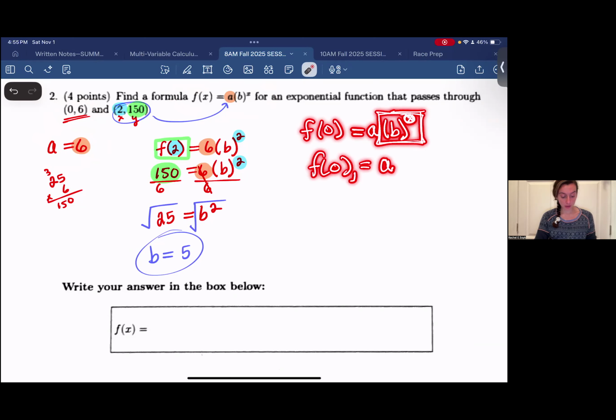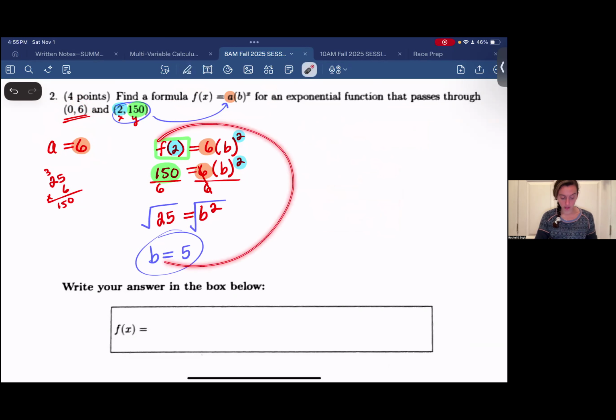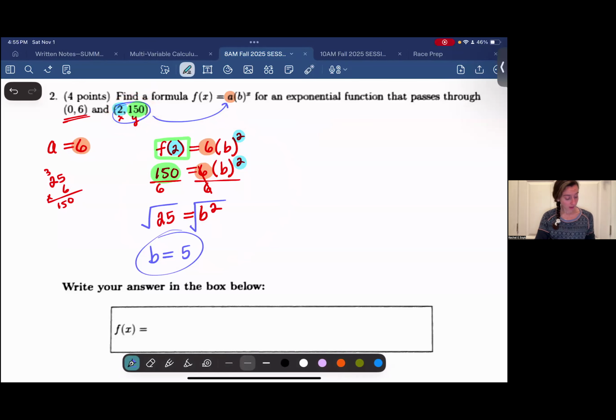And our f of 0 is your output, which is 6. So then you just get, once again, a is equal to 6. And then from there, you do this equation one more time with our (2, 150) coordinate point, and then you'll end up with your b value. So when we put it all together, we end up with f of x is equal to 6 in parentheses 5 raised to the x power. And that's it.